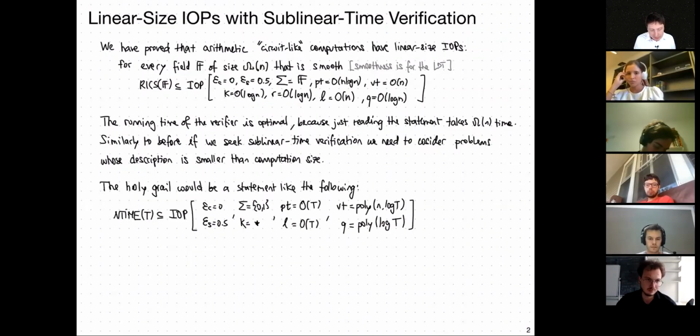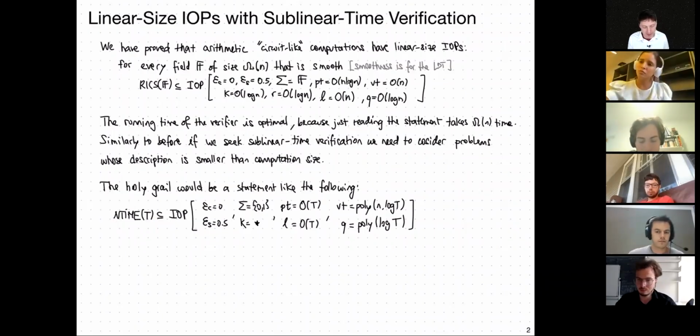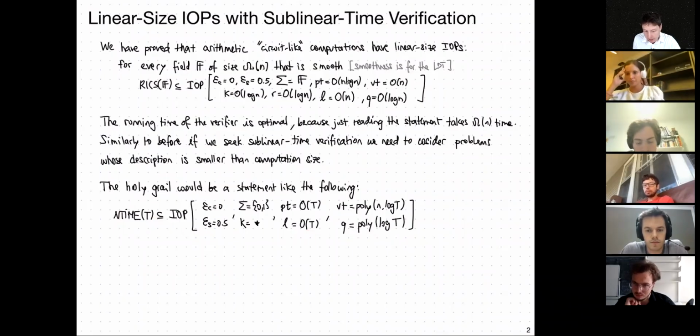In some sense, the holy grail for that would be to consider the general class of non-deterministic machine computations, that is the class NTIME(t). And it would be wonderful to have a statement such as: every language in NTIME(t) has an IOP with the usual perfect completeness and some constant soundness, where crucially the proof length and ideally even the prover time are linear in the computation, and the query complexity and also the verification time are polylogarithmic in the computation length.